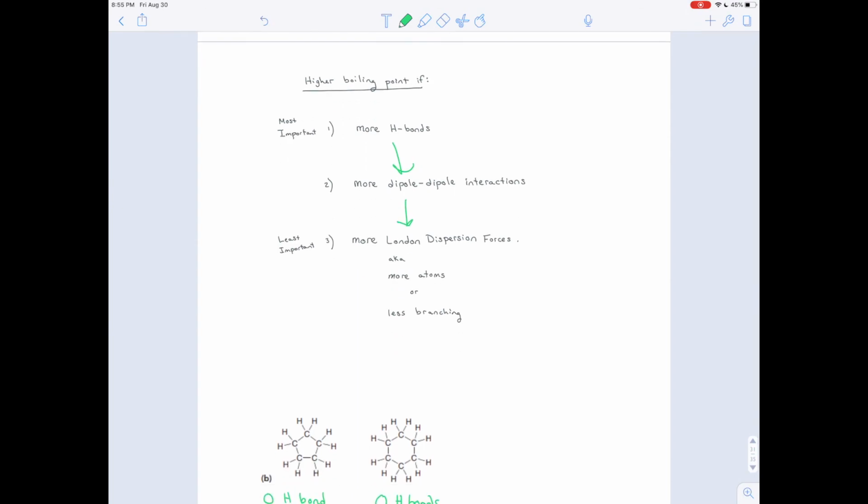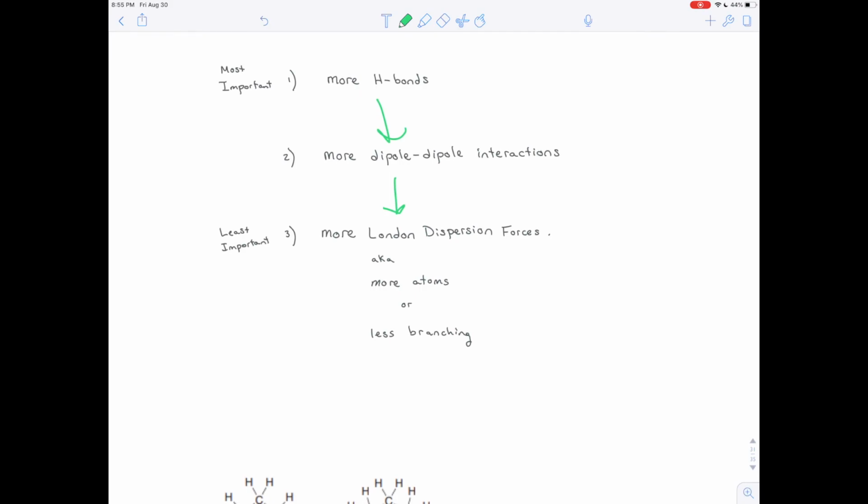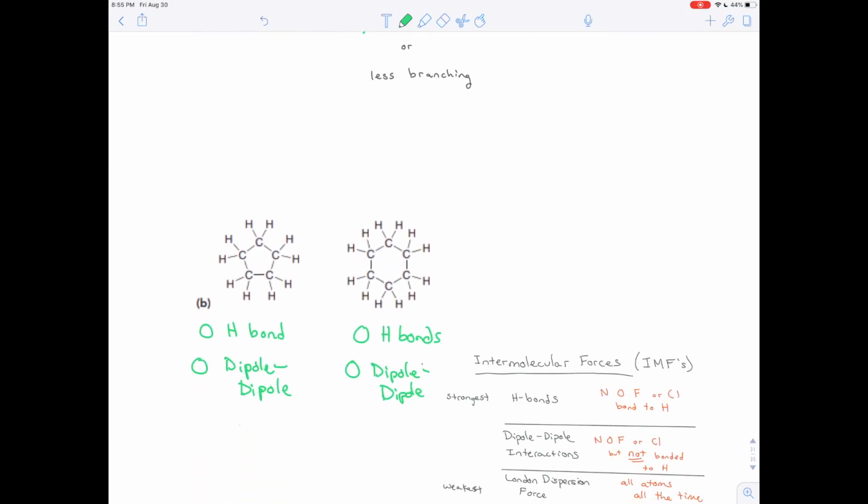Does one of these molecules have more London dispersion forces? And this one sort of has two parts. First, does one of the molecules have more atoms? And if you notice, on the left here you have 5 carbons, and on the right you have 6.